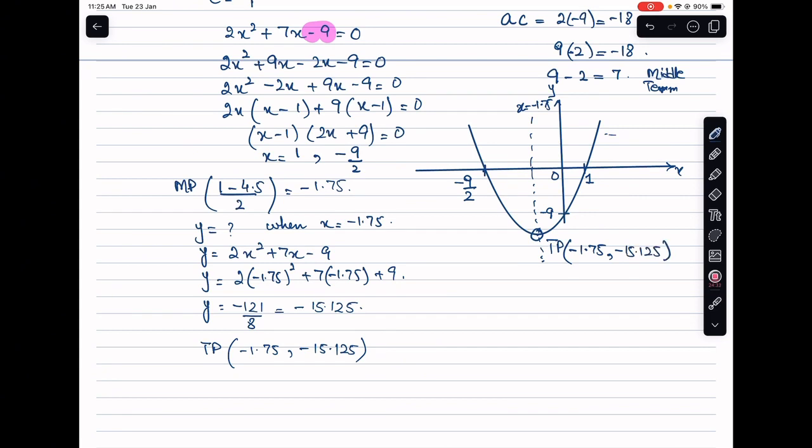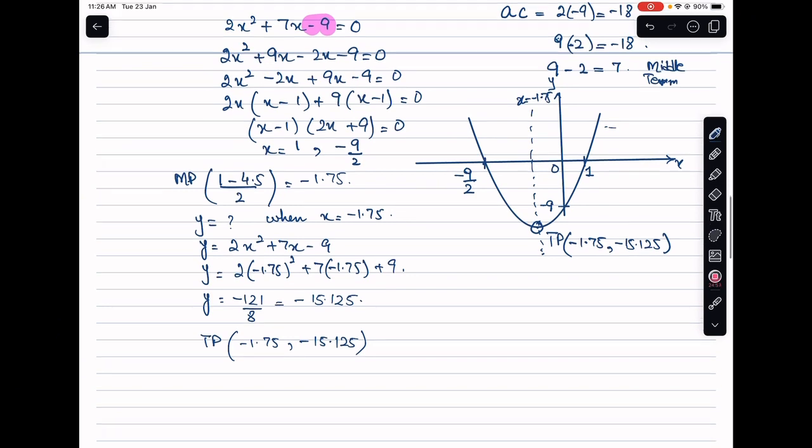So I have the turning point x and y coordinates as well, and I have completed the solving of the equation with the method of factorization, and I have also sketched the curve very easily. So let's do a word problem.